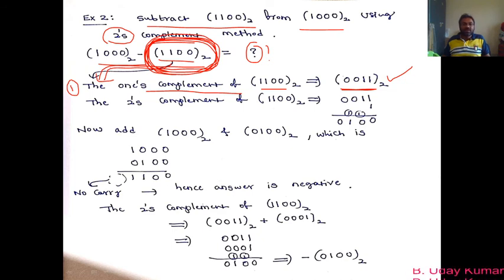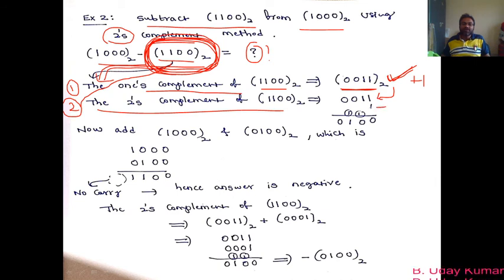Next one is that we are finding the 2's complement of 1100 also. So this is our second step. So how do we find the 2's complement? 2's complement means whatever you get in 1's complement, you have to just add 1 to it. Okay, that is done here. So please check it. So 0011 plus 1.